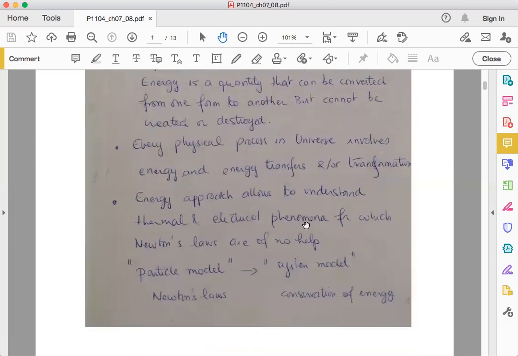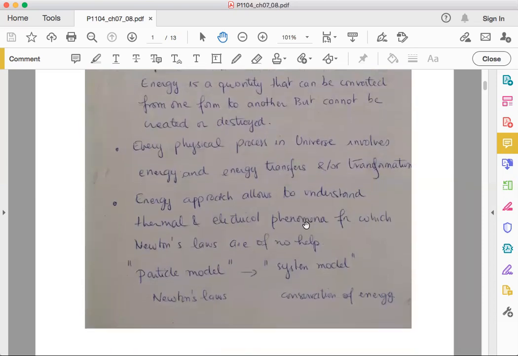There is also one advantage of the energy approach: it allows us to understand some phenomena which cannot be described using Newton's laws of motion, like, for example, thermal and electrical phenomena, for the simple reason that the energy has different forms.